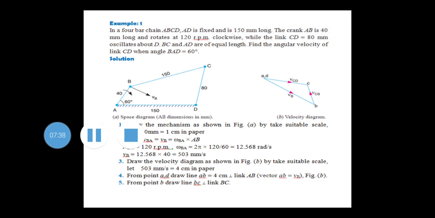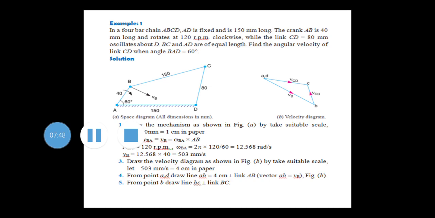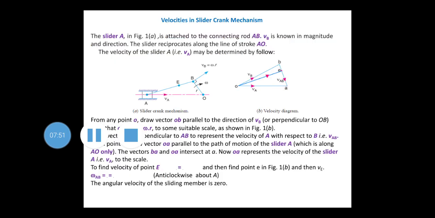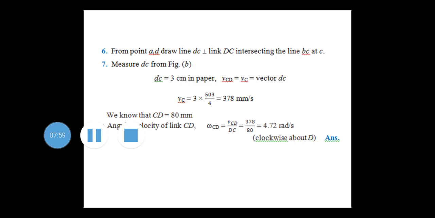So we have to find the velocity of CD. How can we get this velocity of CD? It's very simple. We have to measure the distance of CD in the velocity diagram. If I measure the distance of CD, from here to here I get about 3 centimeter. So I write CD, I have obtained it as 3 centimeter. Then I need to convert that into the scale I have taken.